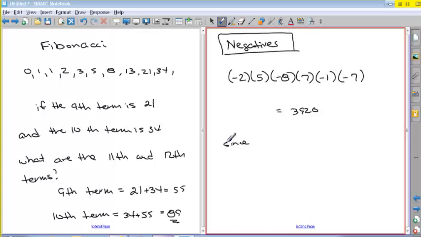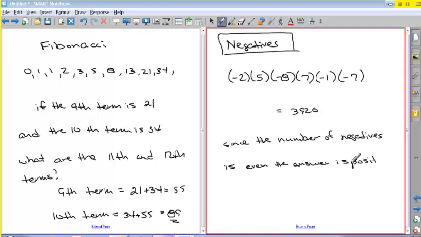So since the number of negatives is even, the answer is positive.